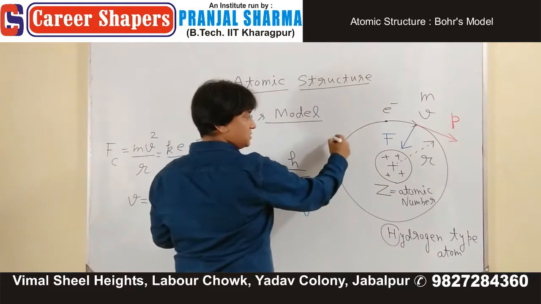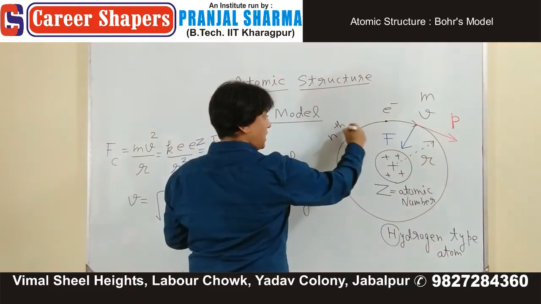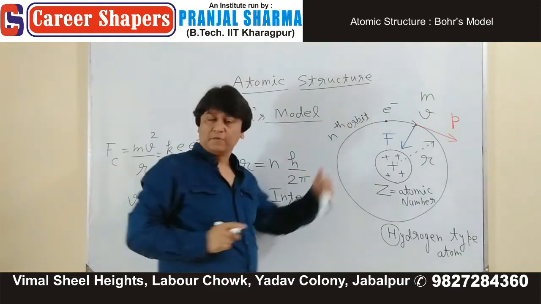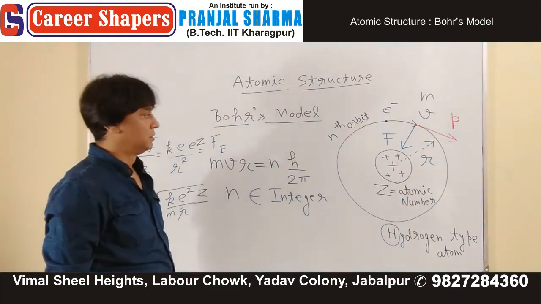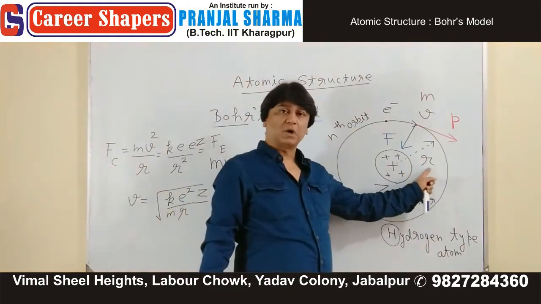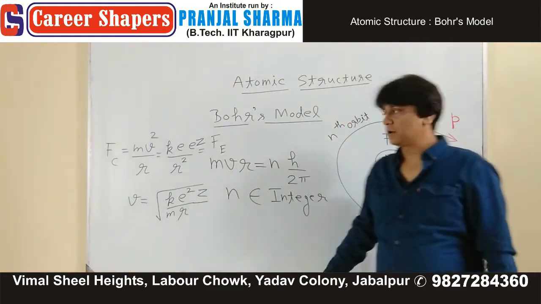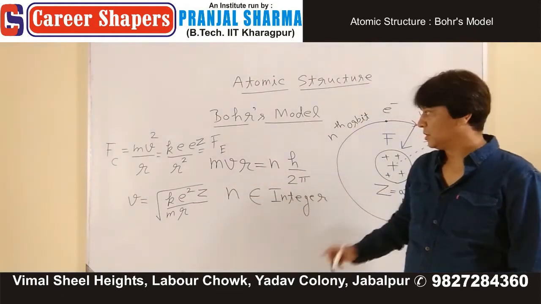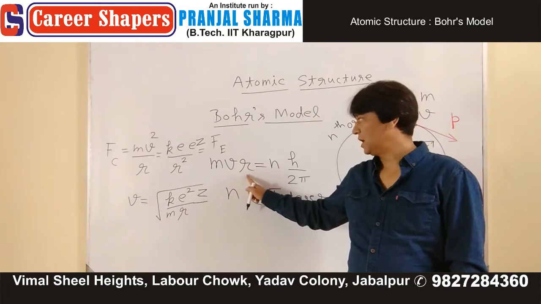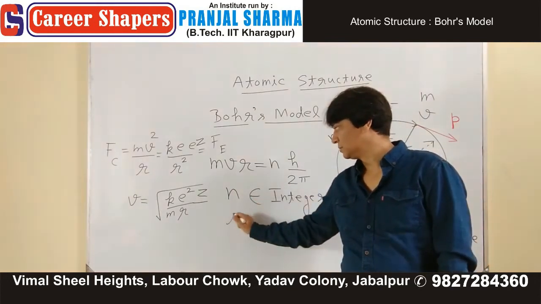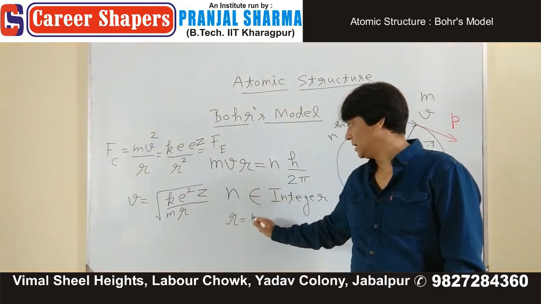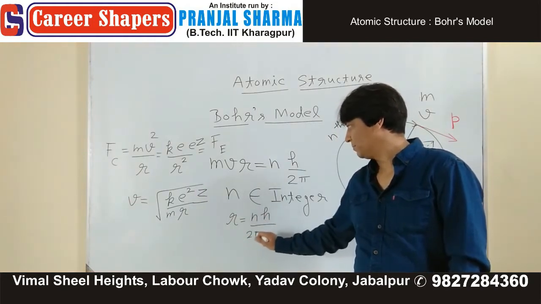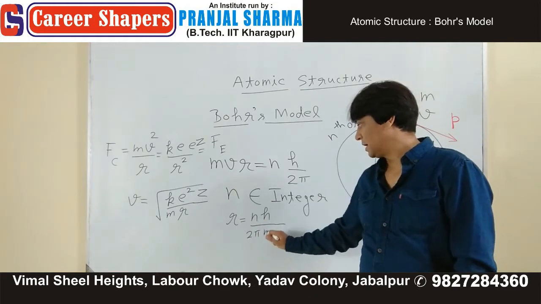So this is your nth orbit. If this is the nth orbit, its radius is r. In any orbit, your angular momentum is nh upon 2 pi. From this we get the value of r as nh upon 2 pi mv.